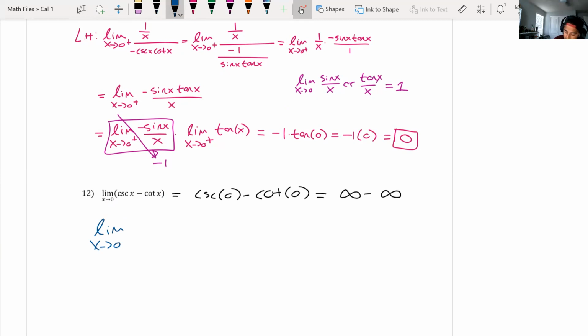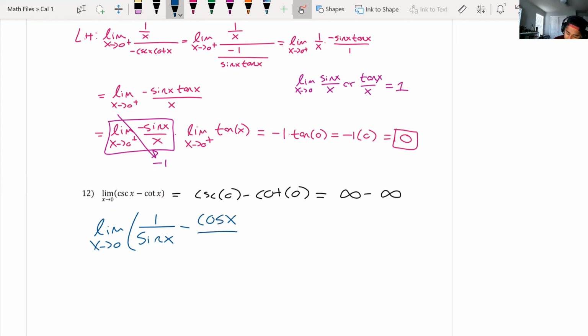What's another identity for cosecant? Trig identity. 1 over sine. And what's another identity for cotangent? 1 over tangent. Other than that. Oh, cosine over sine.